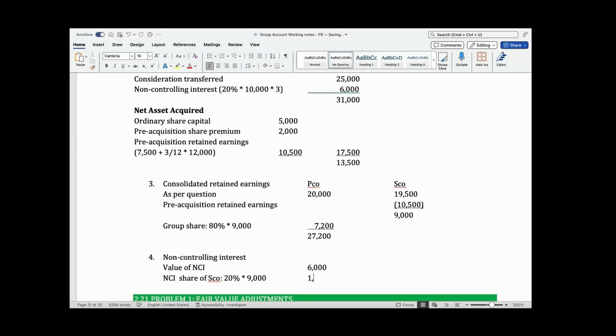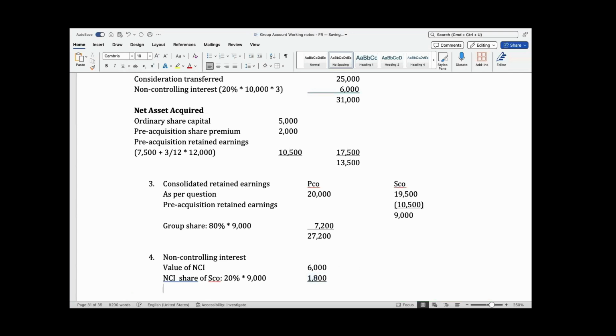How much is that? 1,800. The addition gives what? 7,800.